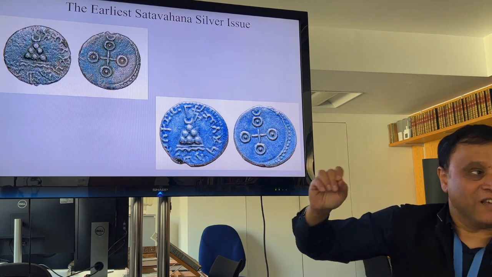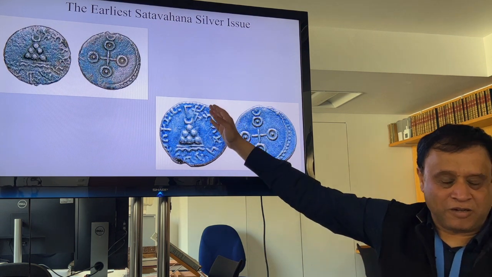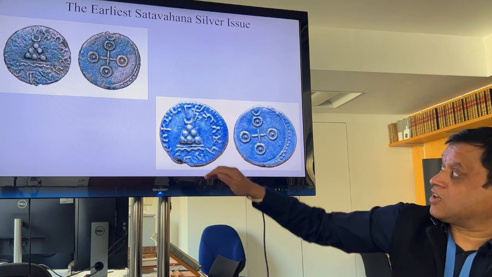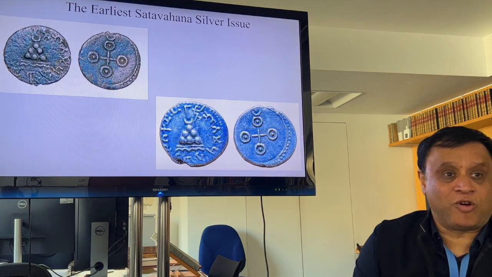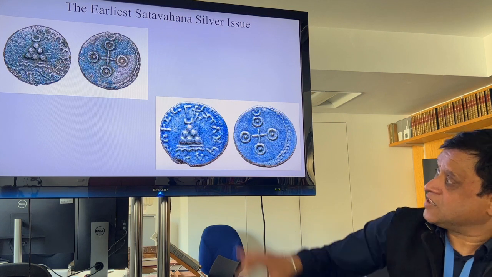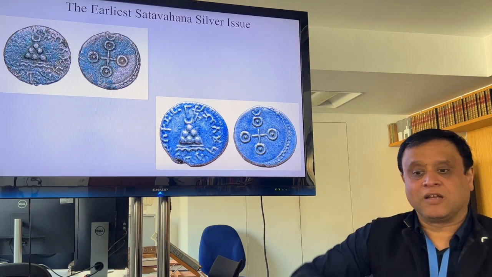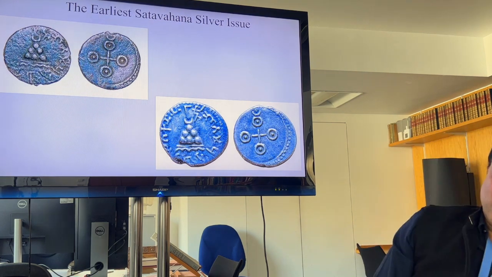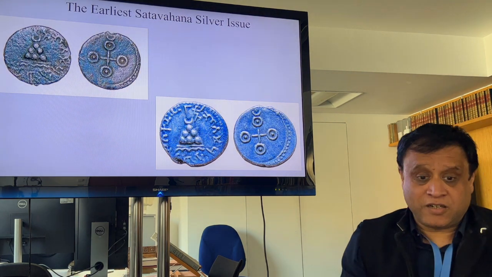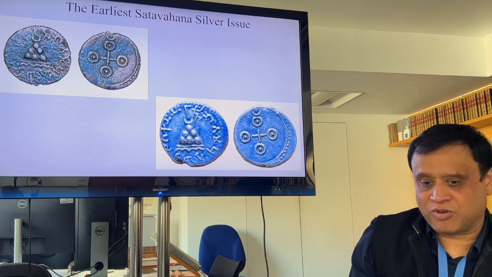So Satakarni has an I-ending word and root, and therefore Satakarnayaha would be its genitive form. So that's what it shows. So this is the kind of missing link between the later Satavahana coins and the earlier ones, which were the counterstruck ones.